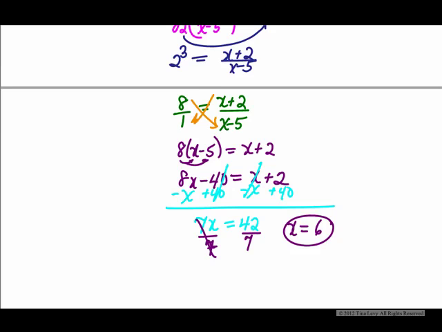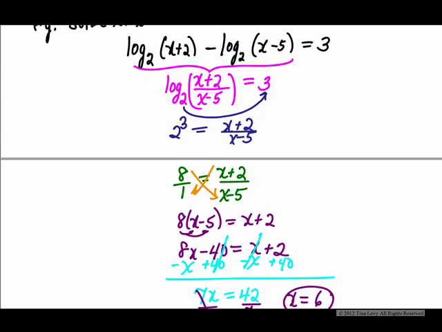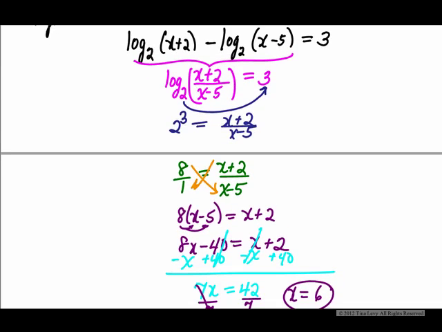We can check this. We definitely want to make sure that when you plug the 6 in, you don't have a negative number next to the log. So plugging the 6 in here, we get an 8. 6 minus 5 is a 1. We don't have to worry about negatives, so that is the solution. X is 6.